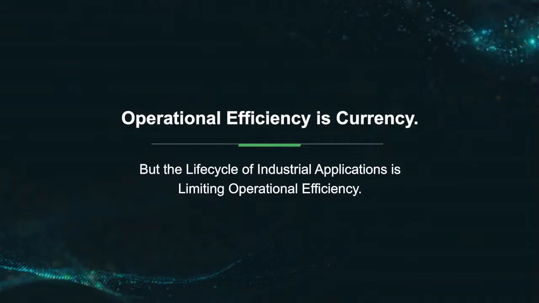So the statement on this slide kind of stands alone, but we talk about operational efficiency being a currency. We recognize that for many of our customers, the life cycle of their applications can be long, sometimes measured in decades. 15 years is on average what we hear about the life expectancy of an industrial application or supervisory control application that people put in place.